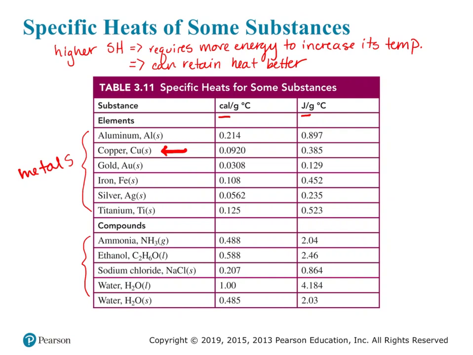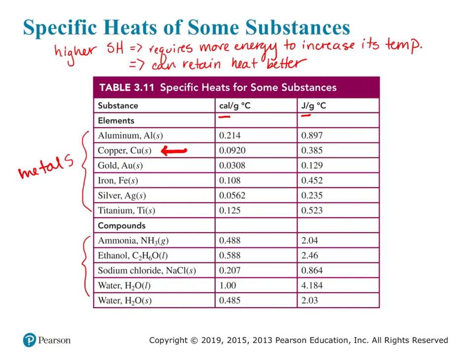Most metals have really low specific heats, so they can transmit heat really easily. Whereas other substances like water retain heat and require a lot of heat in order to increase their temperatures. Now, that does come in handy.